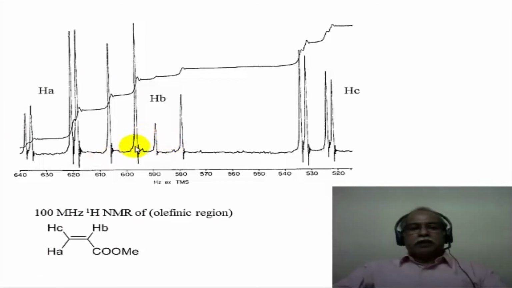Although delta values cannot be easily extracted, the J values can be relatively easy to extract from the spectrum. The gap between the small lines essentially corresponds to the geminal coupling between the two hydrogens, and the center of this particular doublet to the center of this doublet would essentially correspond to the HBC kind of a coupling. In other words, the ortho coupling is what is seen here in this particular case.